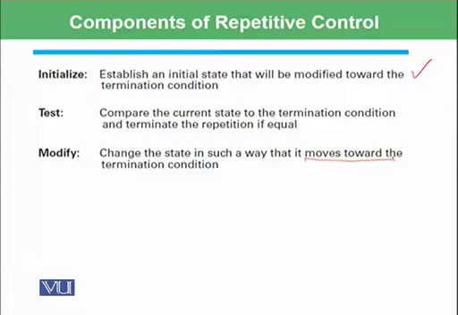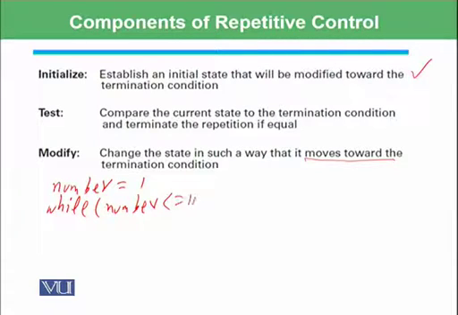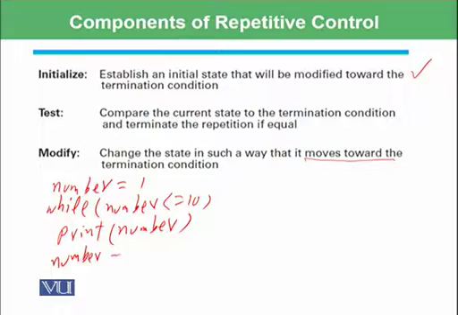So for example, when we write number is assigned 1 and while number is less than or equal to 10, we say print number, and number is assigned number plus 1.